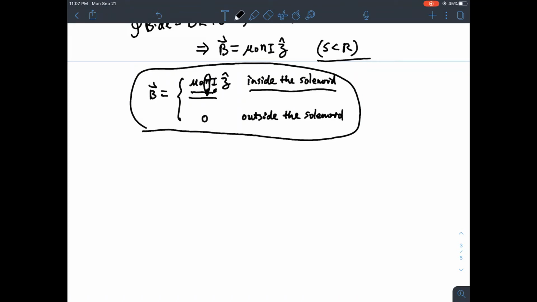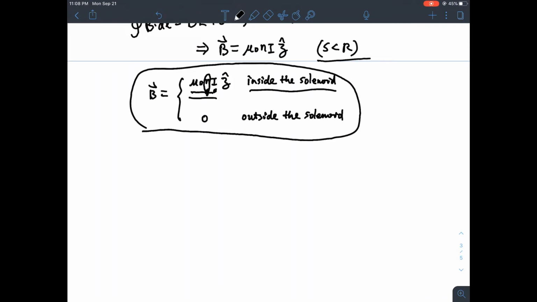This often works for symmetries like infinite straight lines, infinite planes, infinite solenoids, or some toroids, that have very well-defined symmetries. We can quickly figure out the direction of the magnetic field, so that it will be easier for us to calculate this line integral, and thus we can use Ampere's law in the integral format.